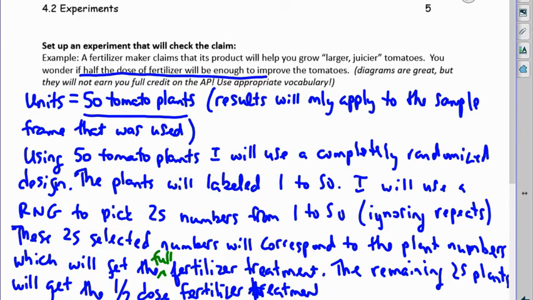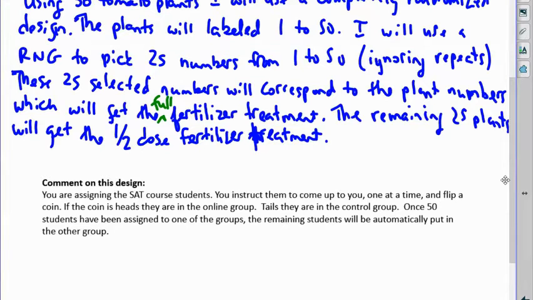Okay, so that is not enough right there, because now I've sent them to their groups. I've now given them their explanatory variable or factor, because it's an experiment. I can use the word factor. But what's going to happen to them? I need to continue with the idea of my control.